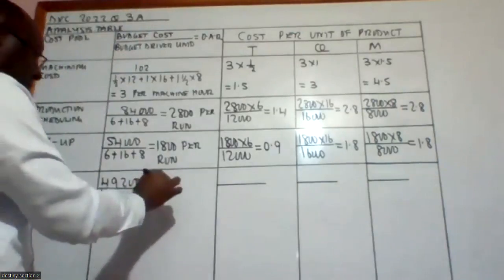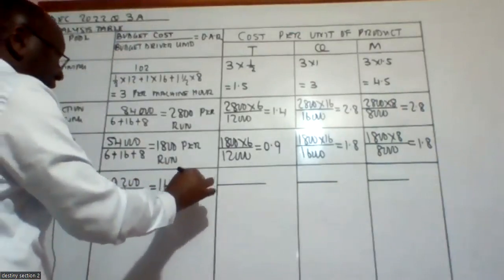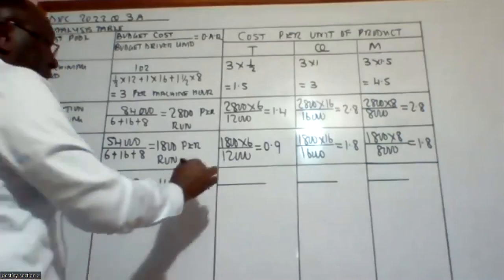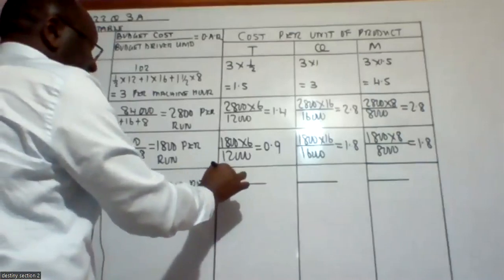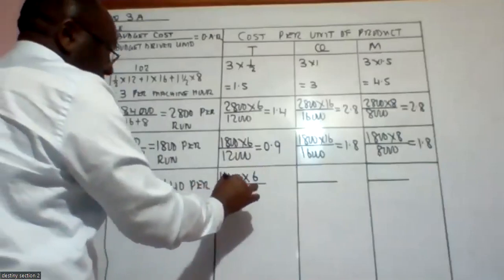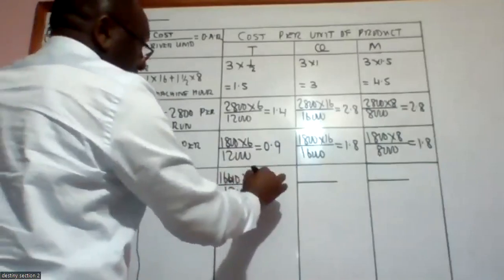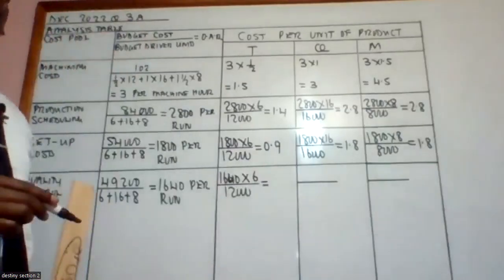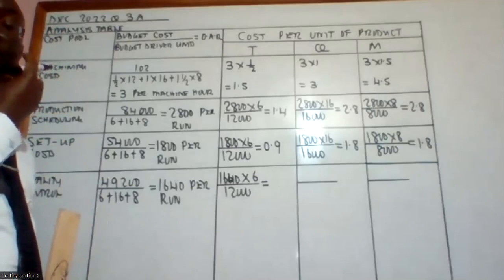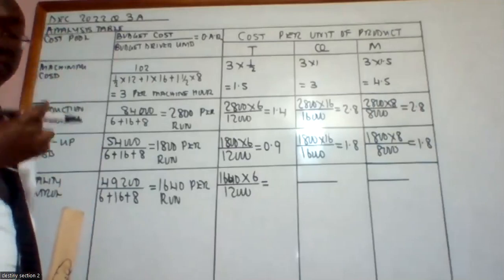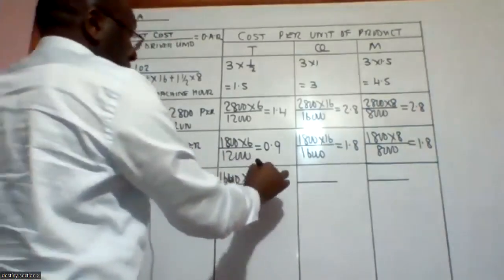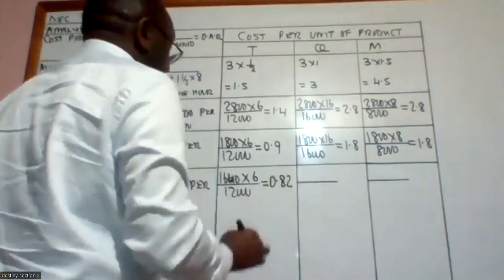$1,640. So 1,640 per run. So now it will be 1,640 times 6. You divide by 12,000, or 0.82.